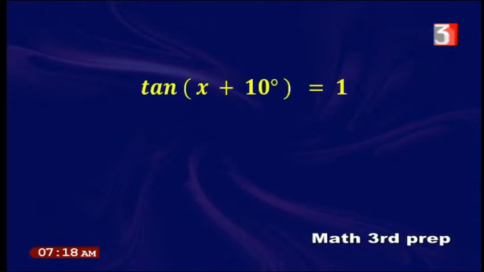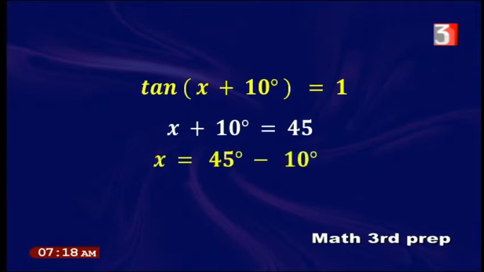By using your calculators and pressing the buttons shift tan 1, you obtain a result of 45. What is 45? It is the value of x plus 10. So x plus 10 equals 45 degrees. Then to find the value of x, x equals 45 degrees minus 10 degrees equals 35 degrees, which is the third choice.